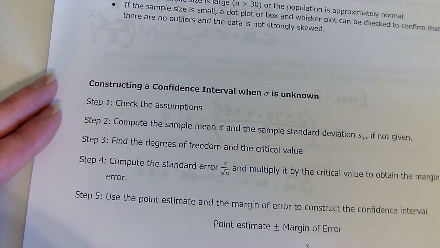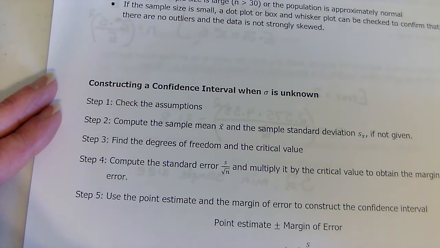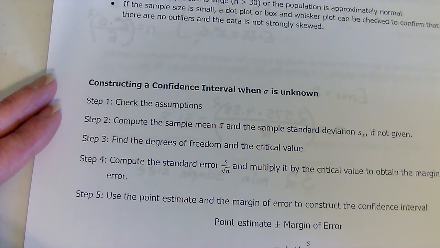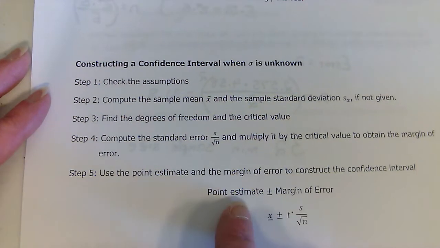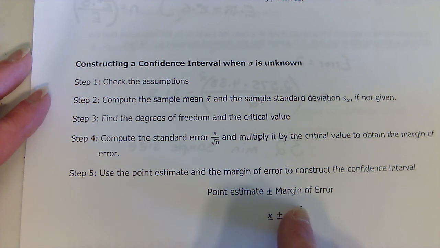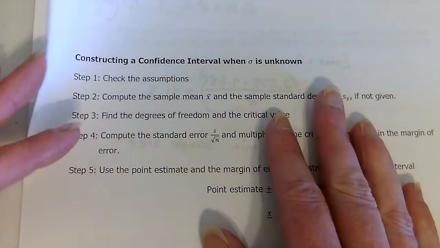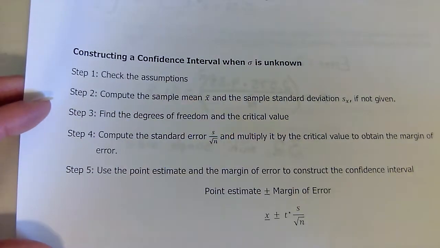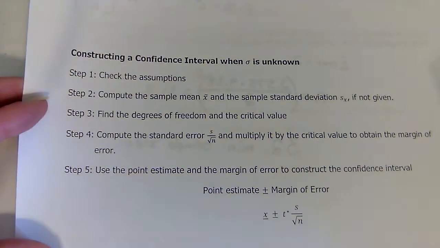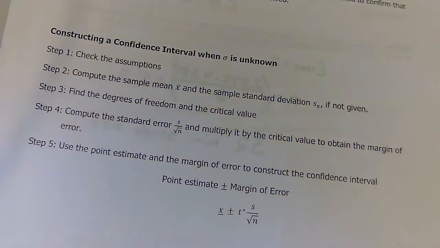Multiply it by the critical value, just like before, to get that margin of error, that error value. And use the point estimate plus or minus that critical value times the error. So, same process, it's just a t-score, not a z-score.